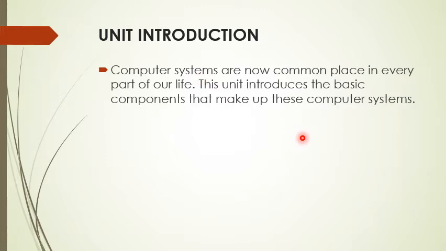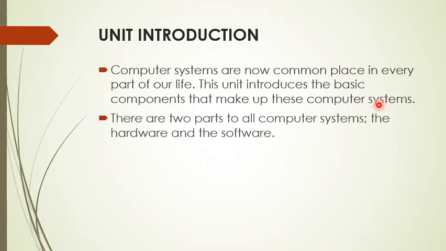So when we talk about a computer system, some components that are connected together make the computer system. Computer systems are divided into two parts. One is hardware and another one is software.